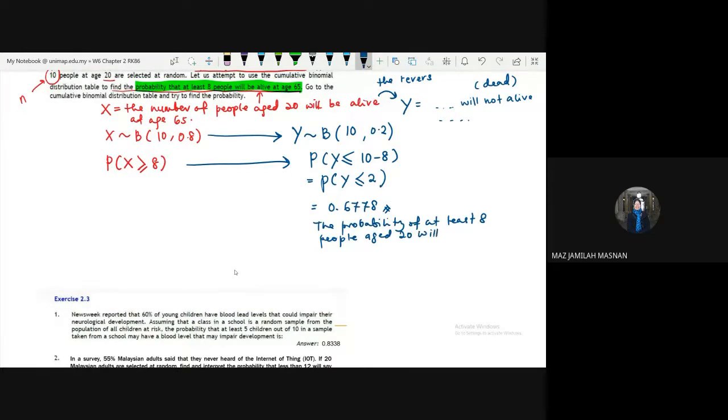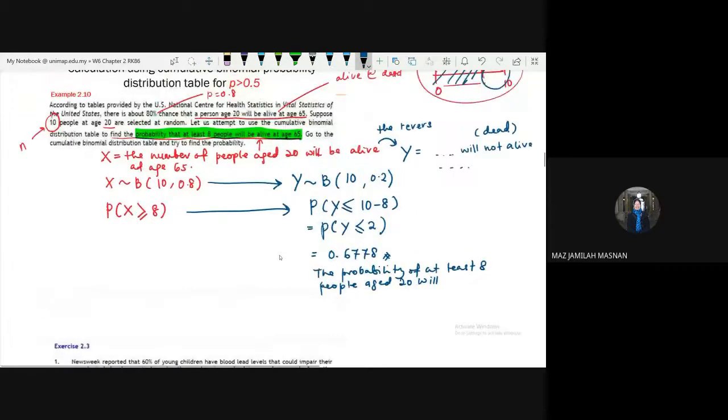Go back to the original meaning of your X random variable.